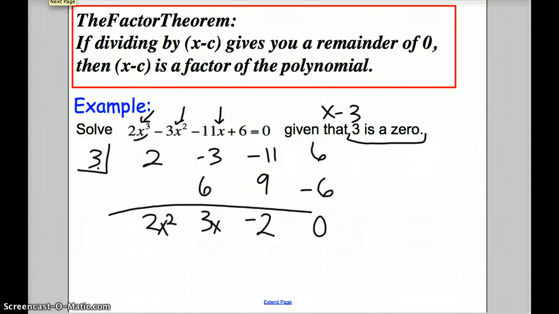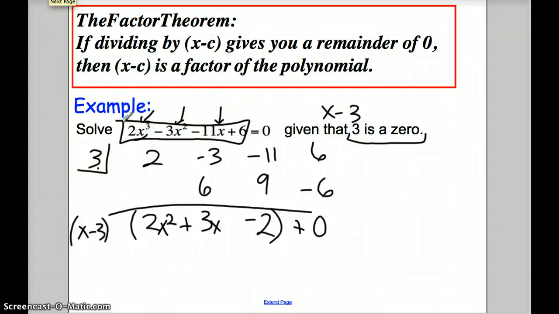So what we're saying here is that x minus 3 times this, plus 0, will give me the original polynomial, because that's what dividing is. It's saying what times that number gives you the original. Since that remainder is 0, I know that x minus 3 is a nice clean factor of the polynomial.